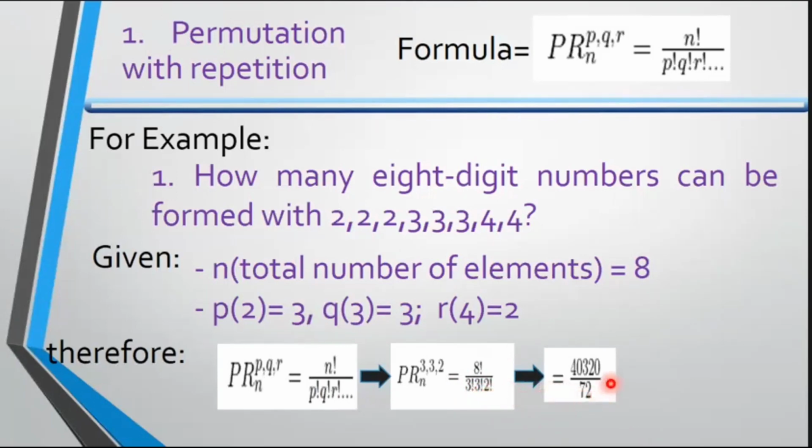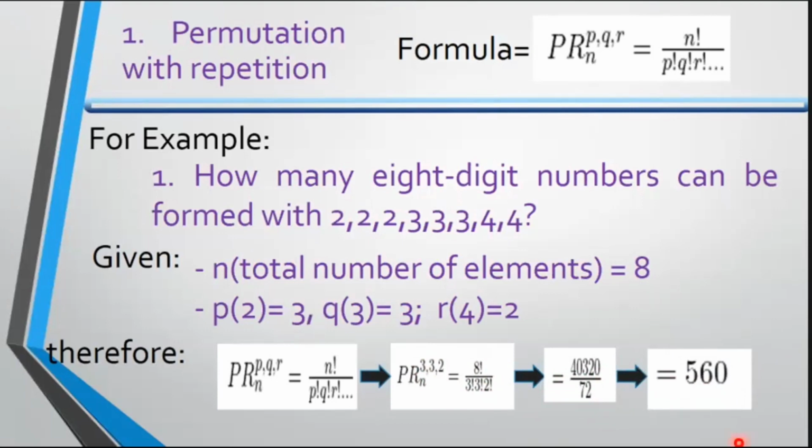So we gather this 40,320 over 72, and the result of this is 560. Therefore, we can form 560 8-digit numbers with 2, 2, 2, 3, 3, 3, 4, and 4 as our elements.